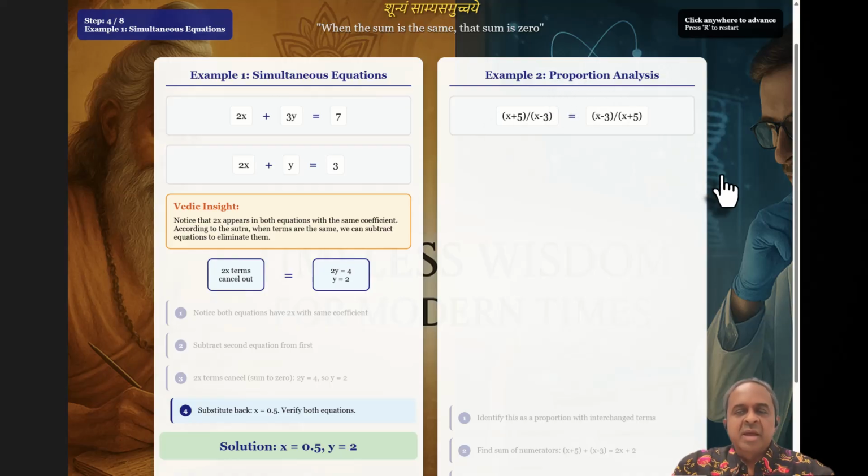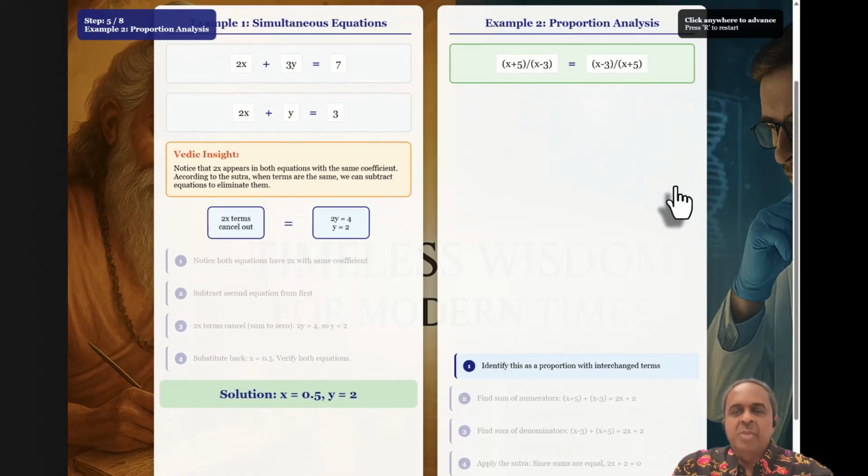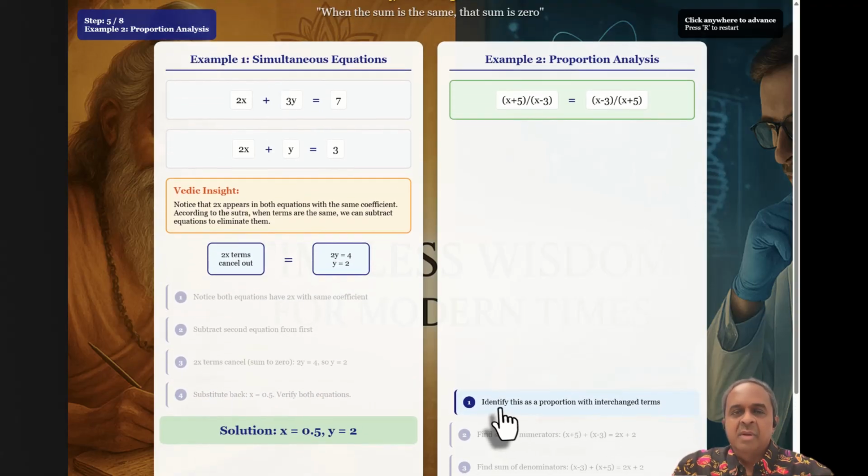Now let's take another example, a proportion analysis. In this case, it is (x plus 5) divided by (x minus 3) equals (x minus 3) divided by (x plus 5). Again, it's all about numbers and patterns. In step one, what do you observe?